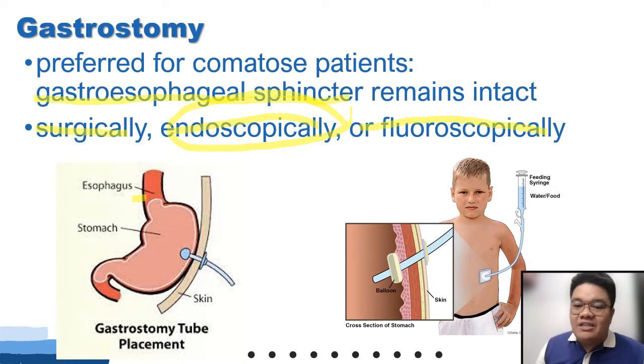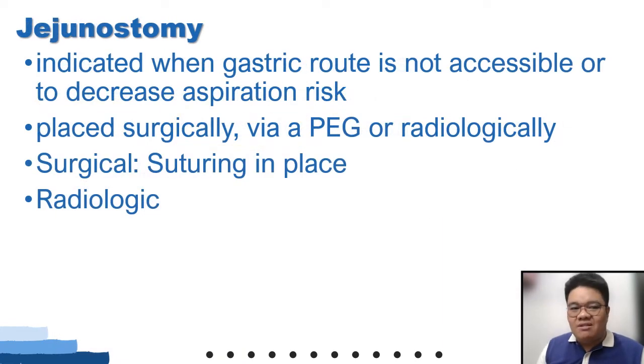When I say fluoroscopically, that's usually with the use of X-ray, and the surgeon may prescribe barium in a barium swallow, and successive X-rays are taken to check if the tube is in the place where it should be. Usually, from my experience, we are doing it endoscopically and surgically.